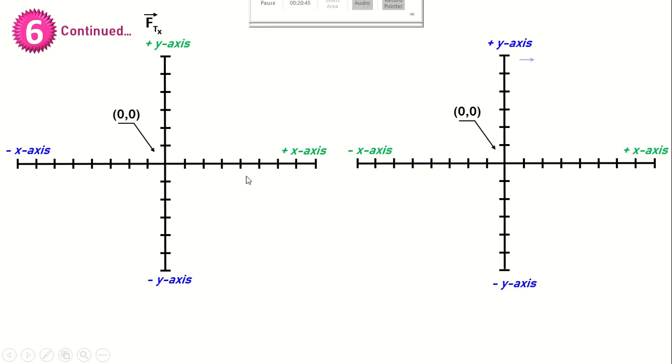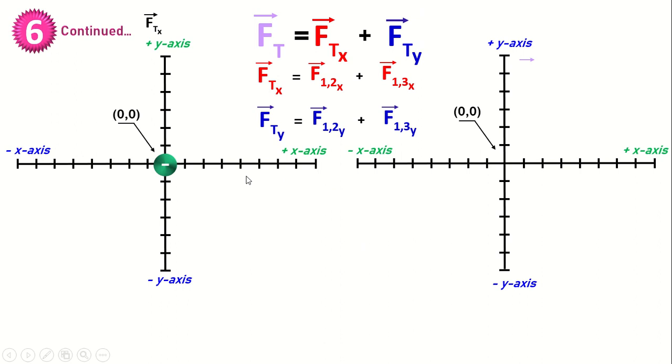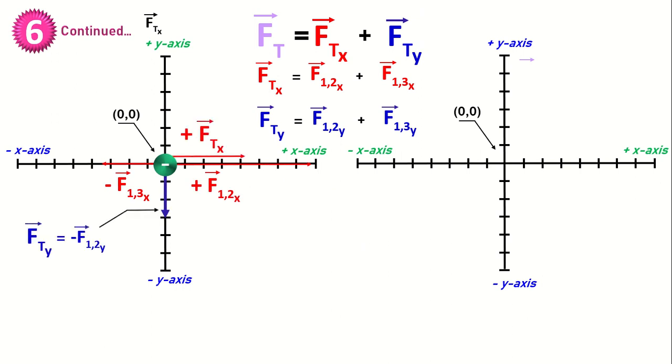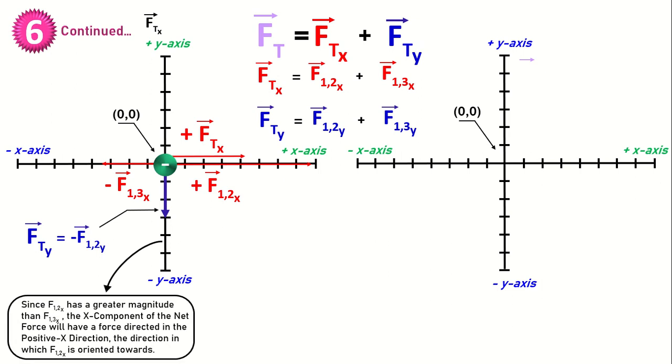As shown here, we can see that we'll produce a net force in the positive x direction, right? Since the positive x component's magnitude of the total force is greater, as explained here. So here they are presented, and here's the total force.